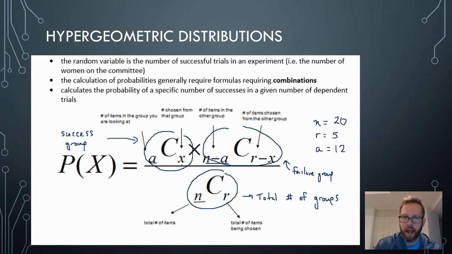And if we had our people being chosen for a committee, if X of them are a success, then the difference has to be failures, and those always add up to the number of trials. So as we do calculations later, a little self-check to make sure you're setting them up right: all the left numbers in the combinations add up and all the right numbers in the combinations add up.